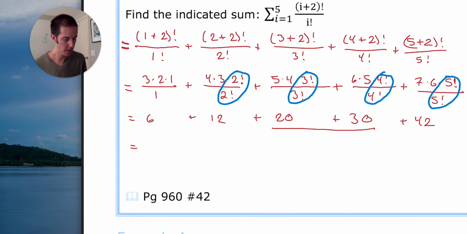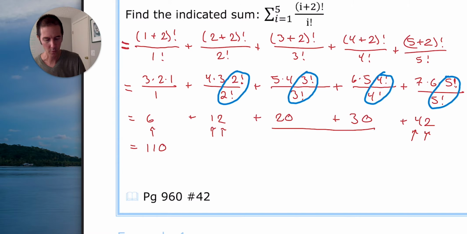Let's keep the 50. This makes 90, 92, 94, 104, 104 plus 6. I'm going with 110. You feel compelled to check my arithmetic with a little 4-function calculator. I wouldn't blame you. Arithmetic is not my favorite.